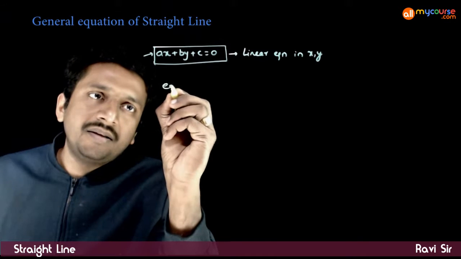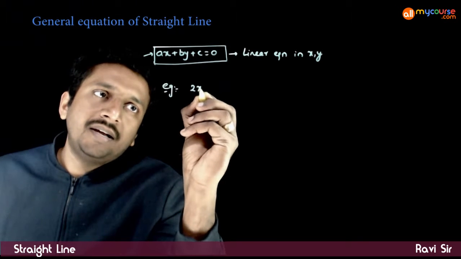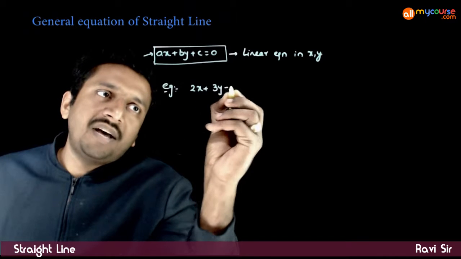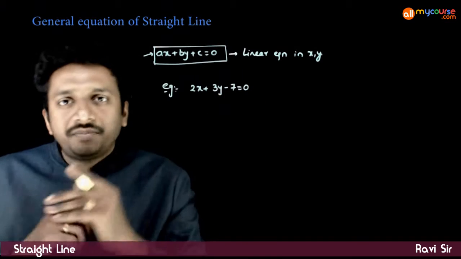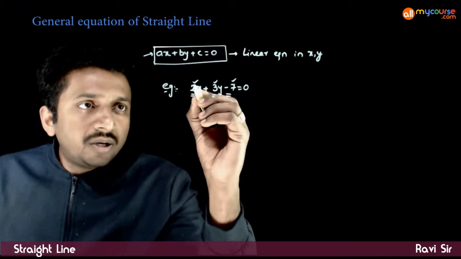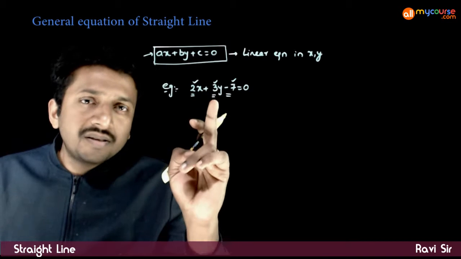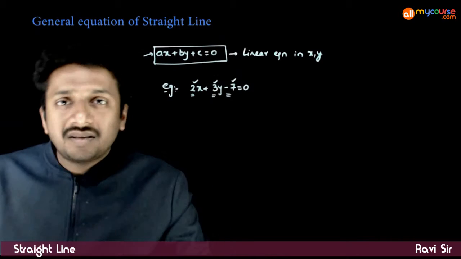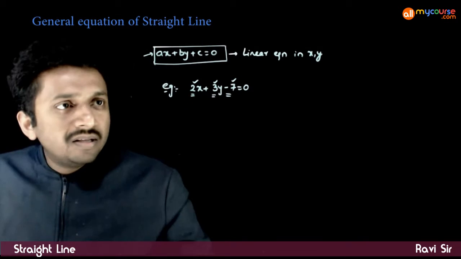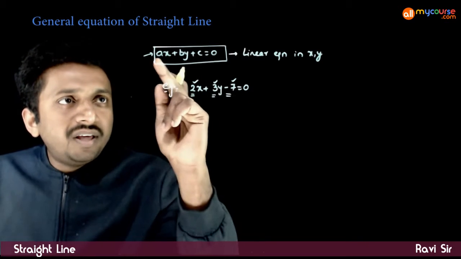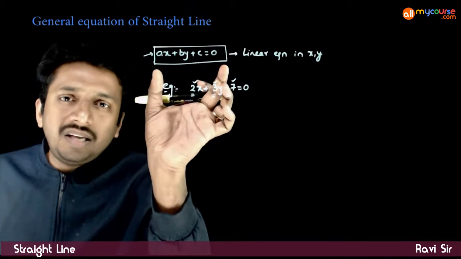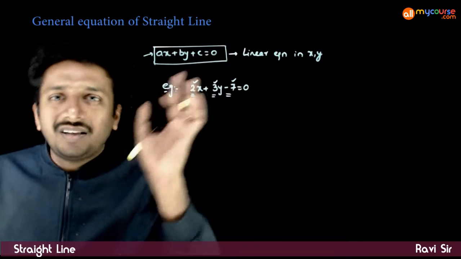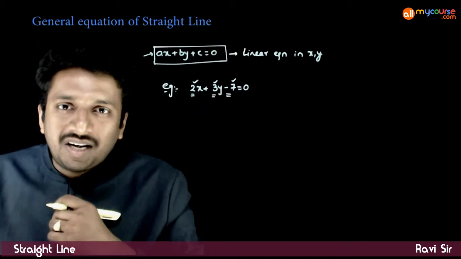For example, a line can be 2x plus 3y minus 7 is equal to 0. In this equation, 2 is the coefficient of x, 3 is the coefficient of y, and minus 7 is the constant term. So for different values of a, b, c, this equation represents the equation of a straight line.